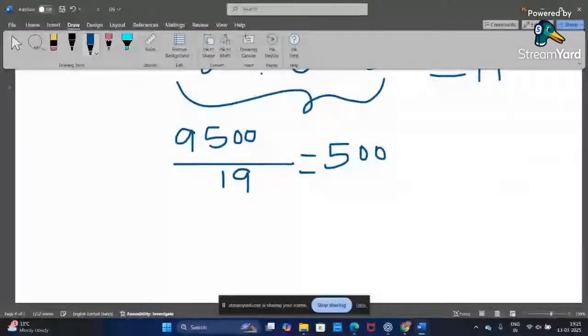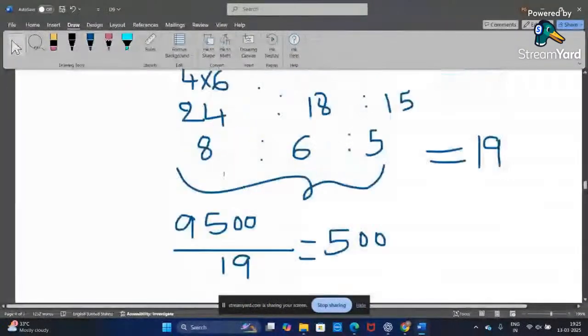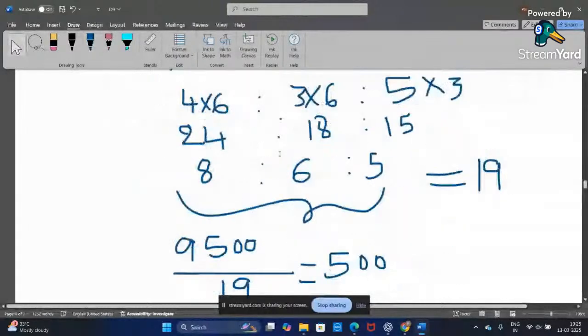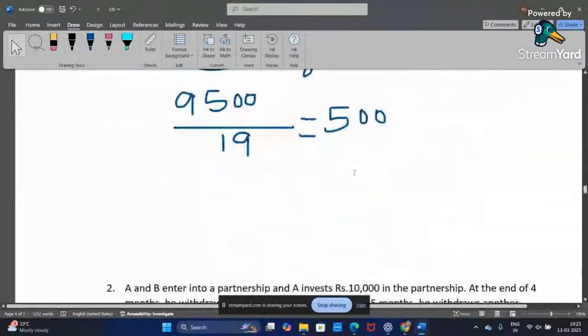Yes. Now let us find the share of Sudhir. So Sudhir ratio is 5, right? So what we have to do?